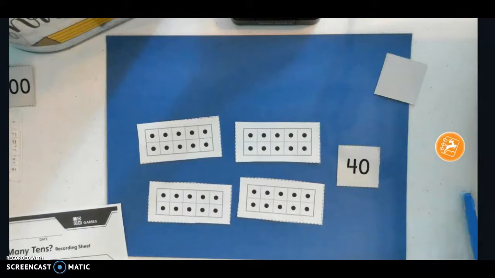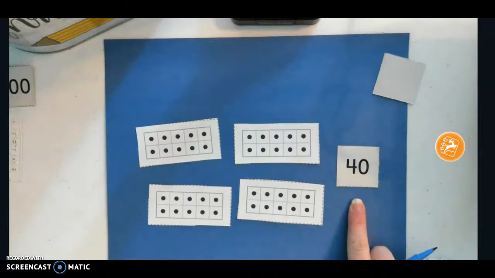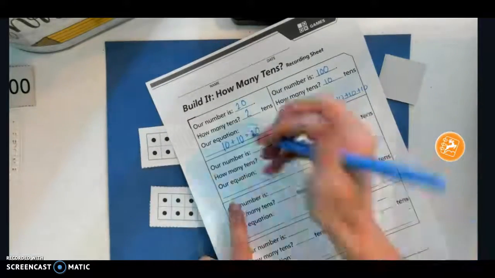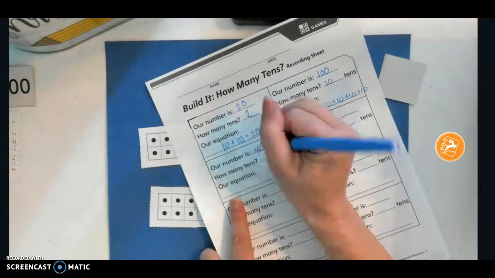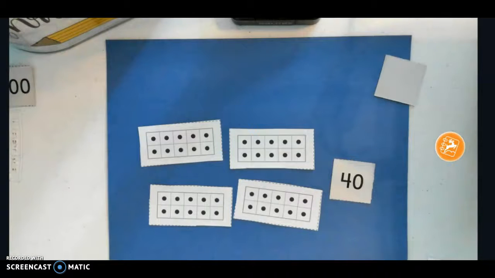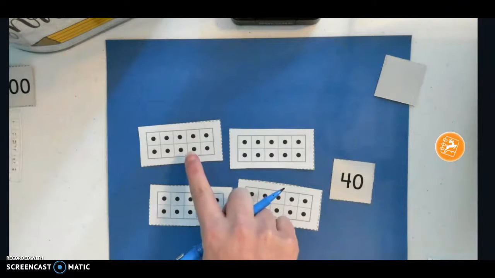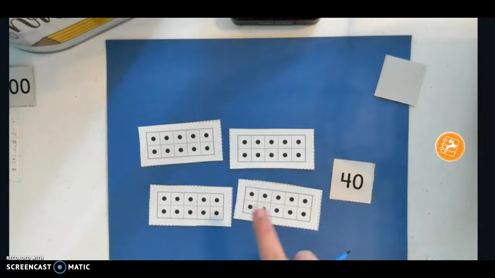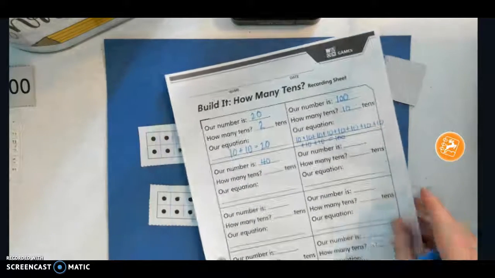Okay. Let's go to our recording sheet. What was our number? How many full 10 frame cards did it take to build this number? 1, 2, 3, 4.